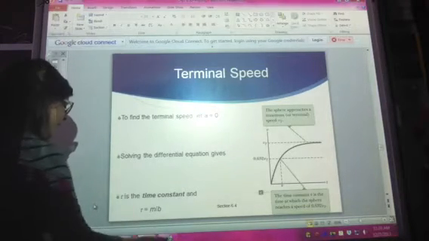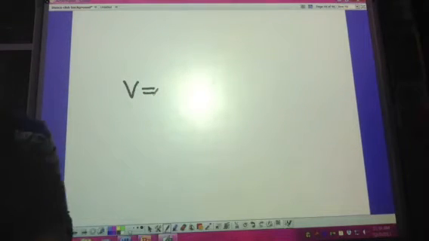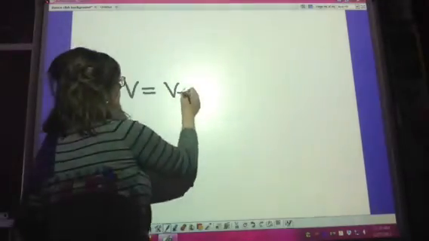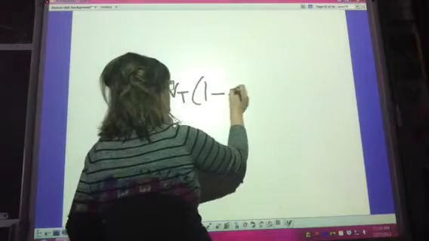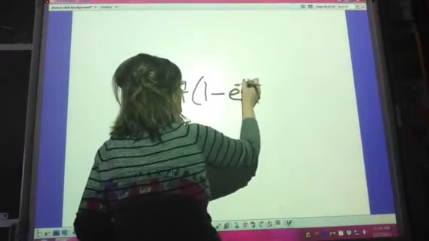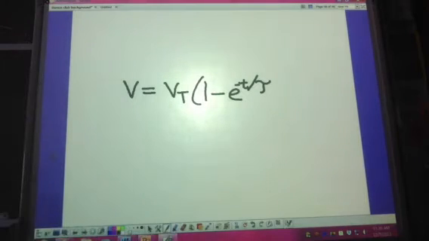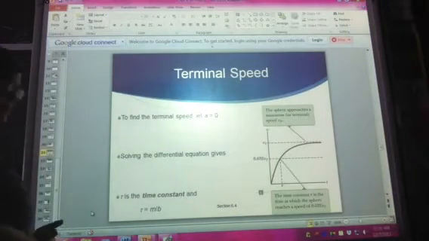So that formula will be V = V_T times (1 - e^(-t/τ)), where the Greek symbol tau is representing a time constant.